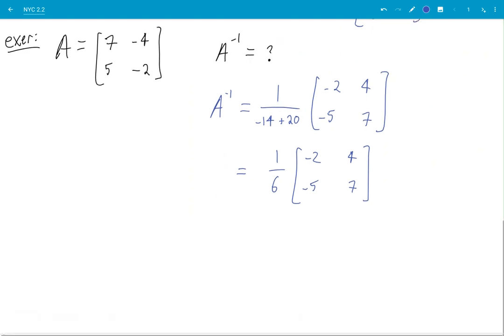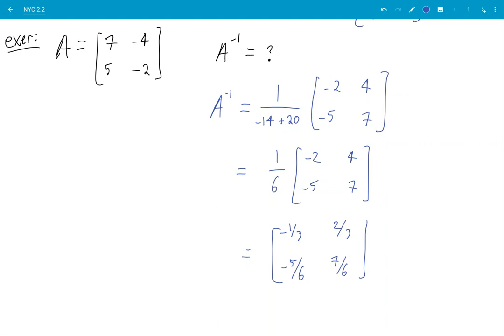And you can leave it like that, or you can multiply in. It kind of depends what you're doing with this matrix. Let me just double check them. Okay, what's next?